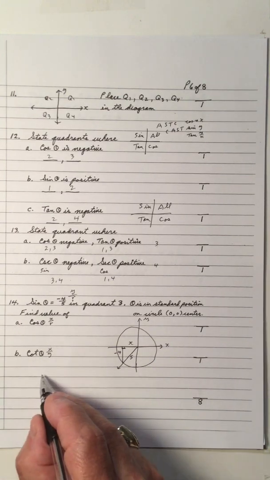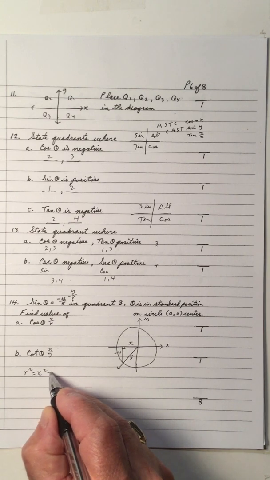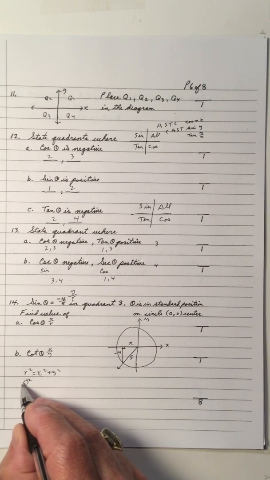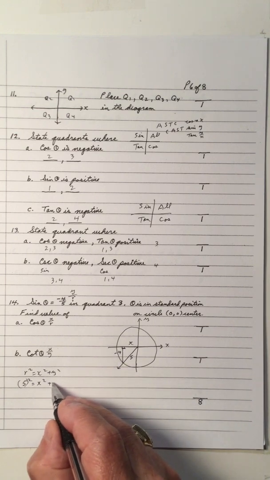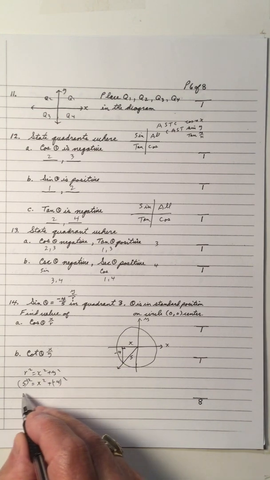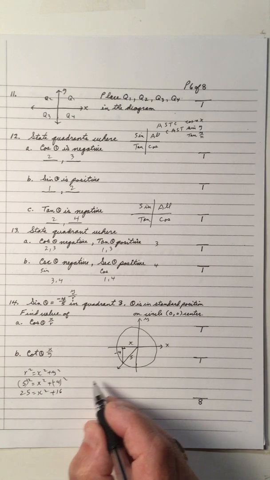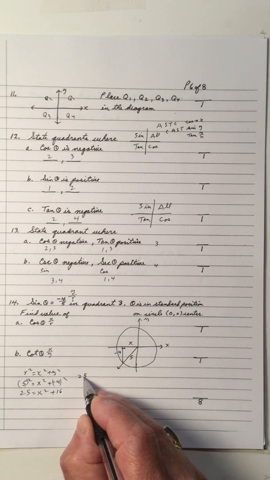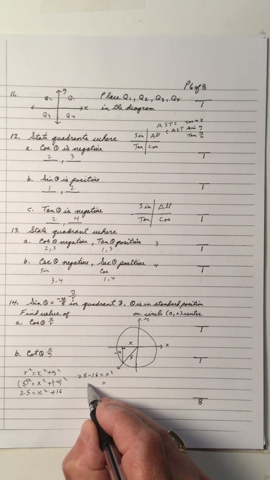To get the x coordinate, we have to go with r squared is x squared plus y squared. R is 5, so it's 5 squared. X we don't know, and the y is -4. So that's 25 equals x squared plus 16. And that means that we have 25 minus 16 equals x squared, and x squared is equal to 9.